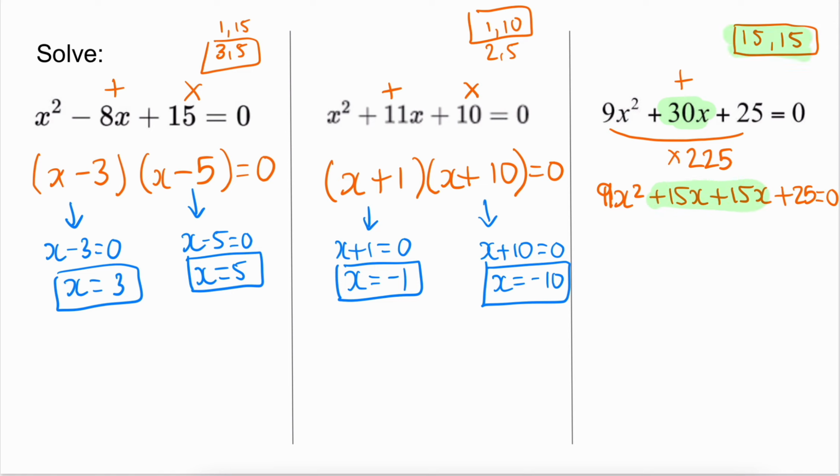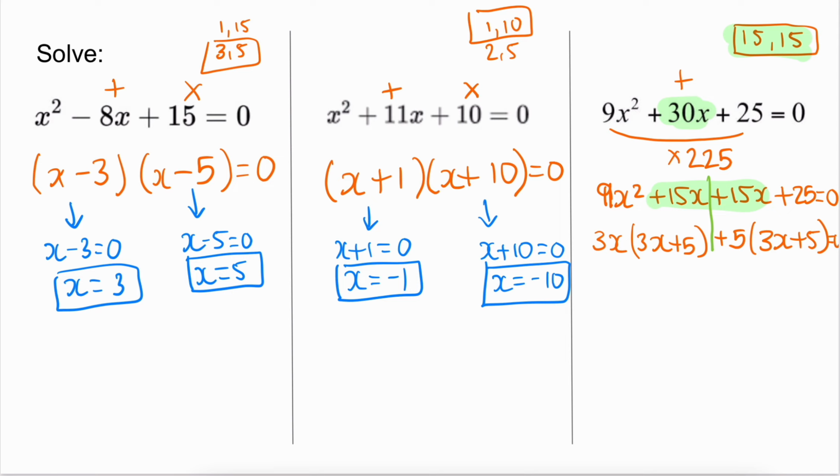Okay, so I'm going to split this in half, and I have 3 that I can take out as a factor and x that I can take out as a factor, and I'm left with 3x plus 5. So 3x plus 5. And then on the other side, I can take out positive 5 as a factor, and I'm left with 3x plus 5 as a factor. Okay, and that's all still equal to 0.